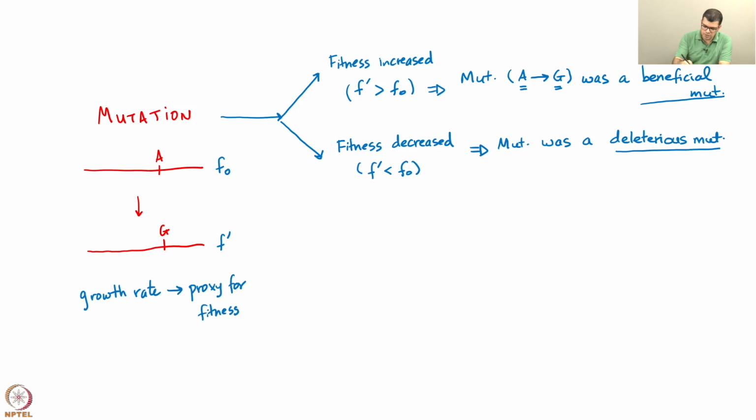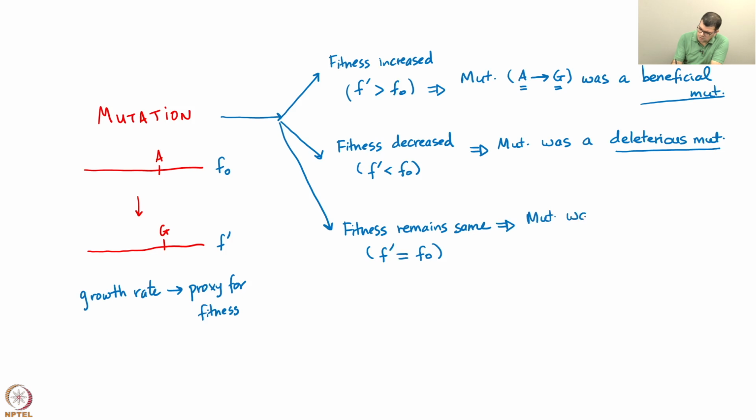So, growth rate increased, growth rate decreased, or in the last scenario what could also happen, that fitness remains the same. In which case F dash is simply equal to F naught, no change in the growth rate of the organism took place, and then we say that this mutation was a neutral mutation.